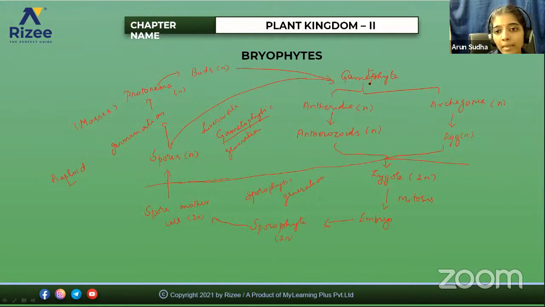So the gametophyte is the plant body that gets attached to the substrate by means of rhizoids. The rhizoids may be either unicellular or multicellular. And this gametophyte contains the sex organs, that is the male sex organ, Antheridia, and the female sex organ, Archegonia.